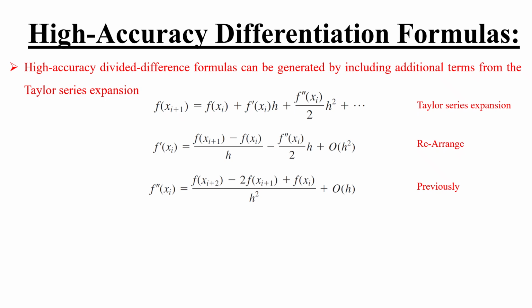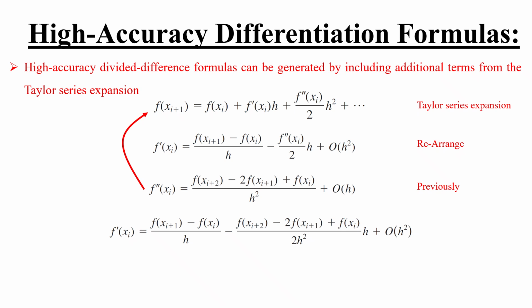If we use this point in the first one, we come up with this formula. So if you look here, now we are using more points. For example, we have xi, we also have xi plus 1, plus 2. So this means that more points are involved in calculation.